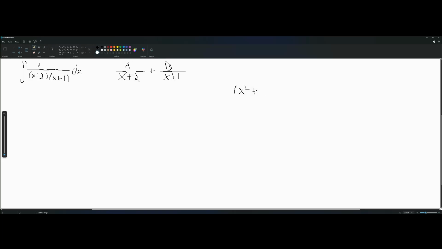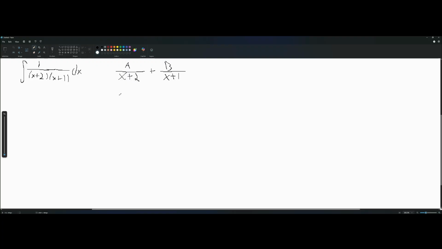Okay. So essentially what we want to do is make common bases in our denominators, and add them together, okay? So we multiply x plus 1 with a and x plus 2 with b.